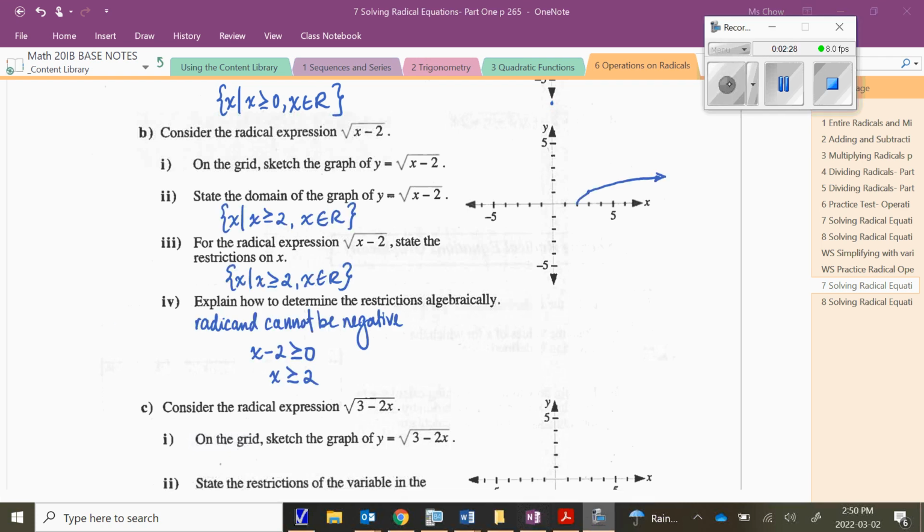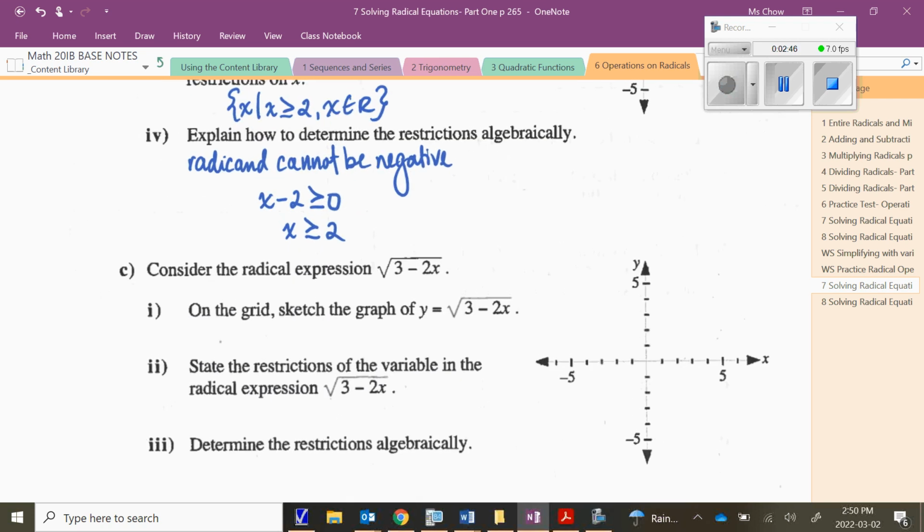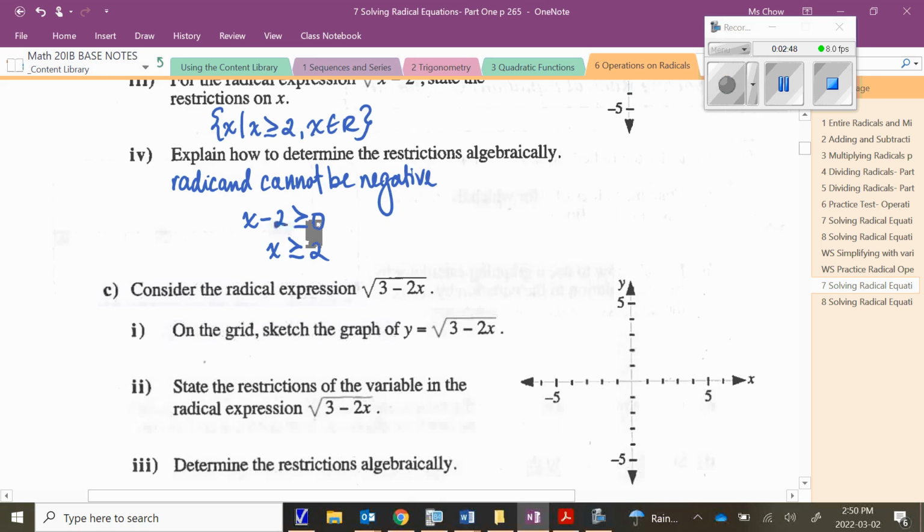Okay, so taking a look there, we can see that it looks just like our previous graph. It's just been translated 2 units to the right. So x is greater than or equal to 2, as long as x is also an element of the set of real numbers. So looking at the fourth question, explain how to determine the restrictions algebraically.